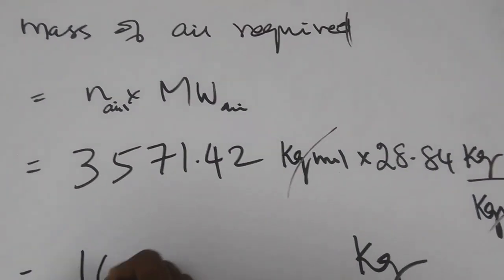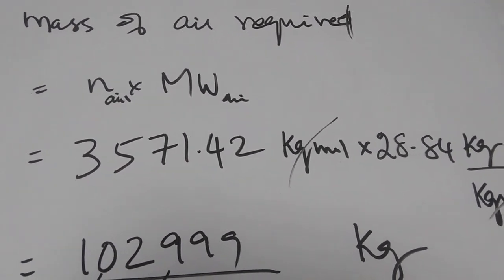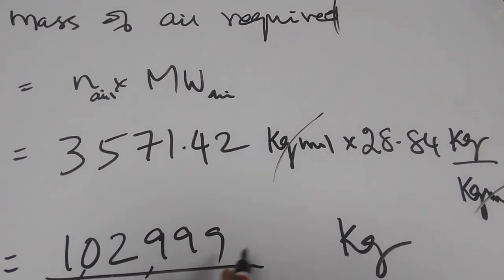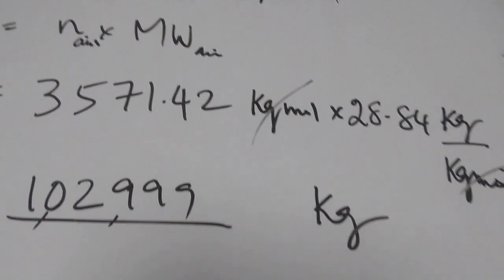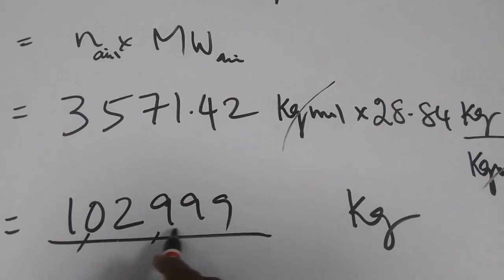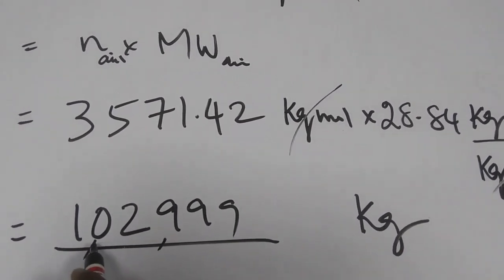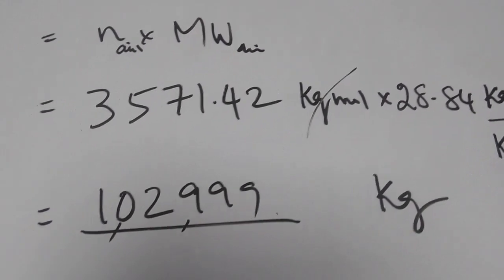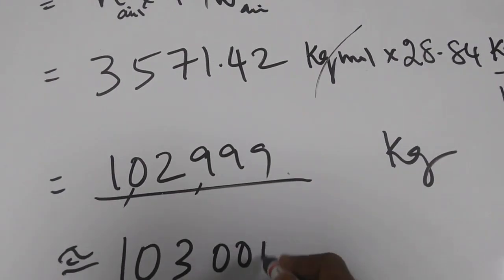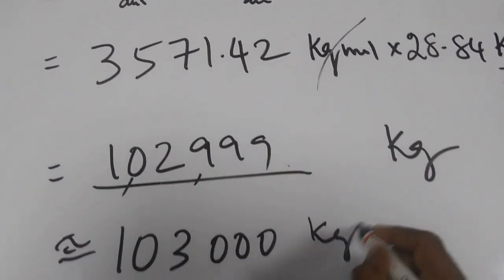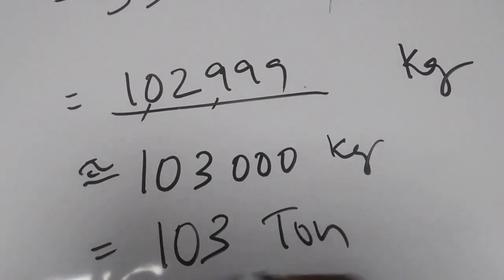So 102,999, right? That means 1,02,999 kg. You can round it off to tons. When rounding it off, this can be written as 1,03,000, right? So you can write approximately equal to 1,03,000 kg, which is 103 tons.